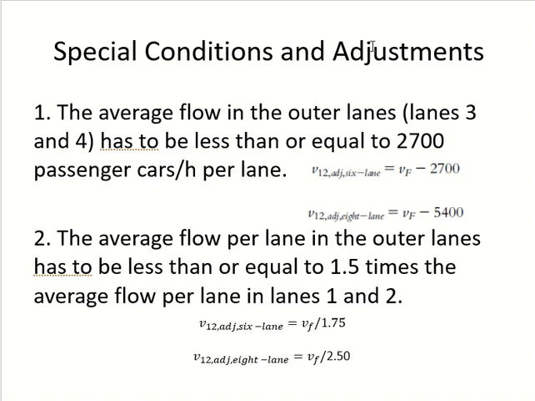How much in the outer lane? 1,000. Clear? So outer lane has 1,000. Now we can have 1 outer lane, or we can have 2 outer lanes. If there are 4 lanes, then 2 lanes are inner, 2 are outer. If there are 3, then 2 are inner, 1 is outer.